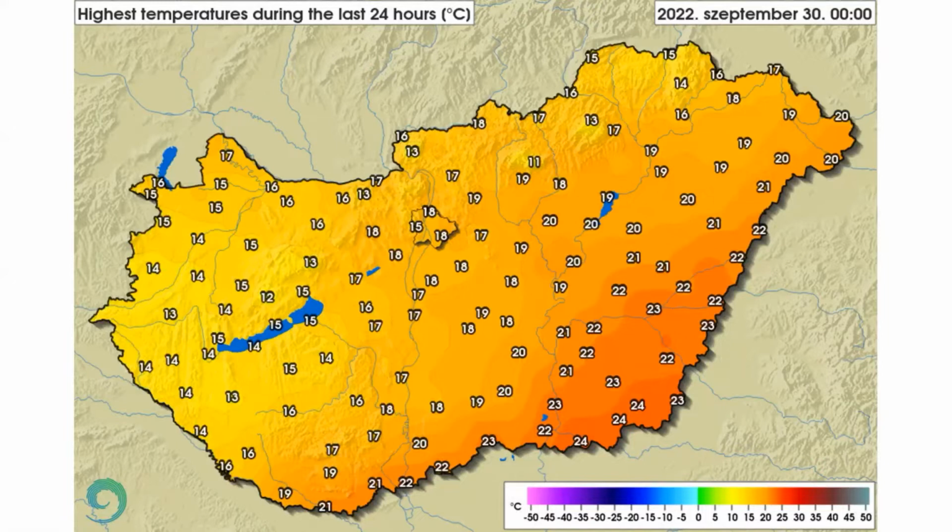For example, on the west, the maximum temperature was only about 14-15 degrees because of the closed cloud cover and persistent rain.